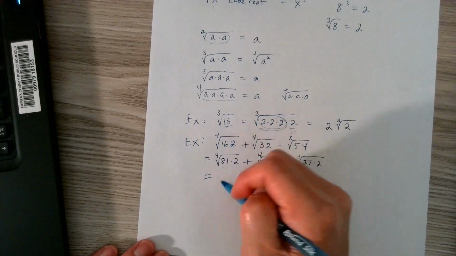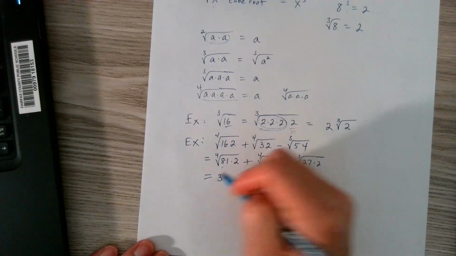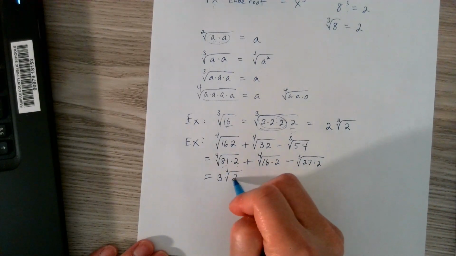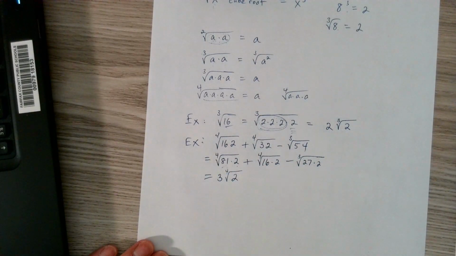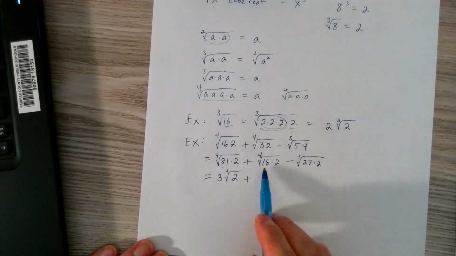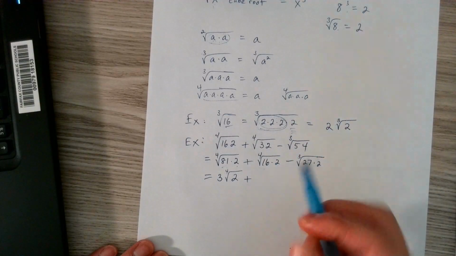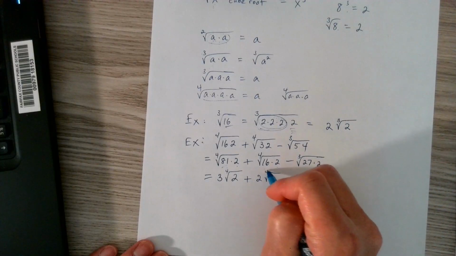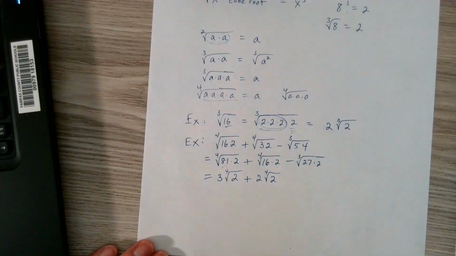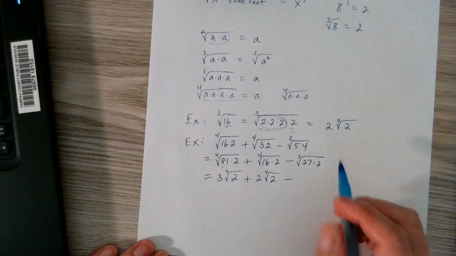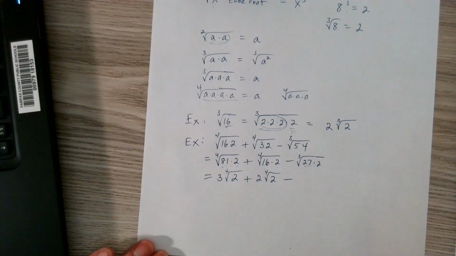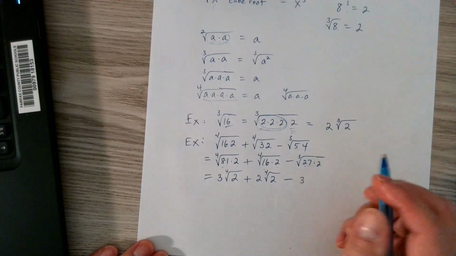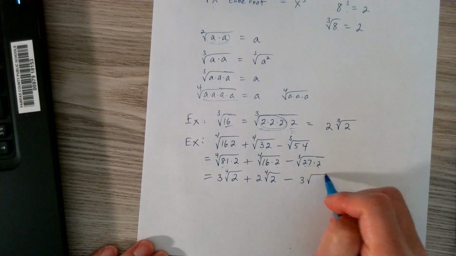So this part is going to become 3, and that 2 is going to stay. Now the second term. I know 16 is 2 to the 4th, so a 2 comes out, and this 2 stays. I left 27 the way it is because that's a perfect cube. Cube root of 27 is 3, and this 2 stays.